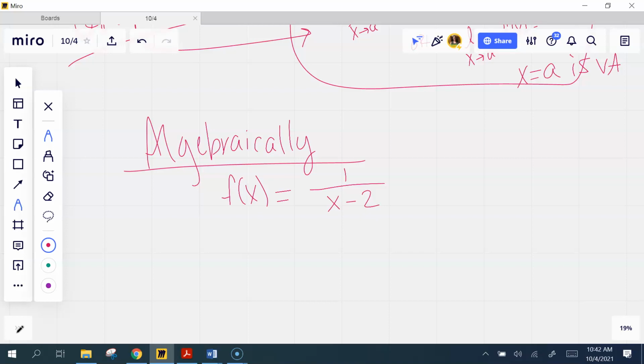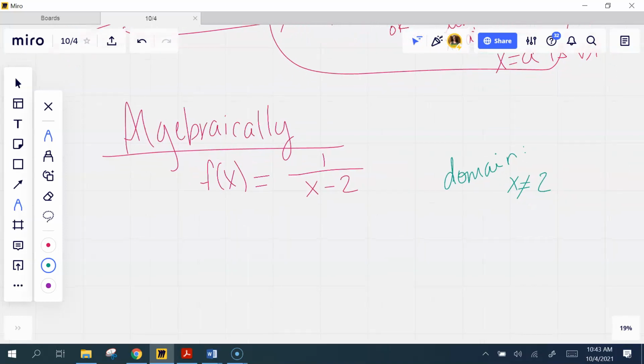I know that in my domain, and this is something we talked about before, x can't be what? 2 or negative 2? 2. You're looking at which one would cause me to have a 0 in the denominator, right? This actually means that I have a vertical asymptote at x equals 2.